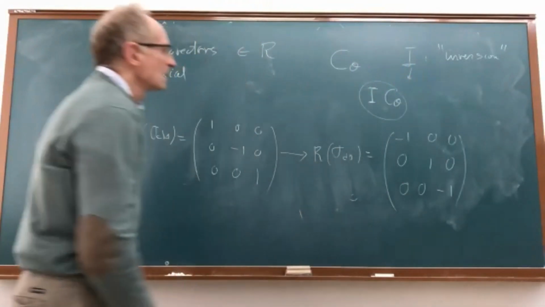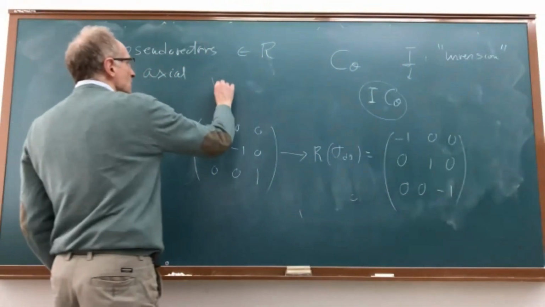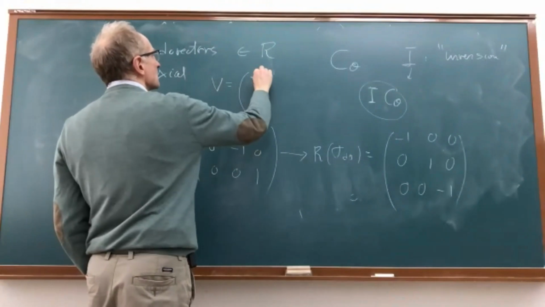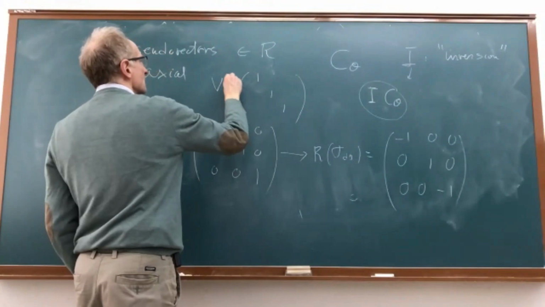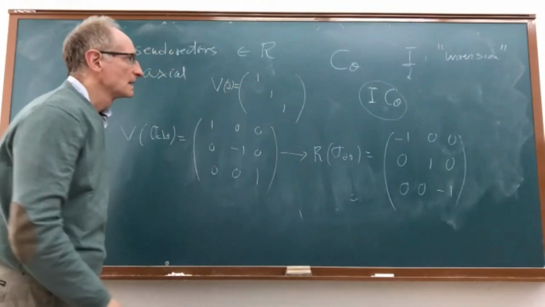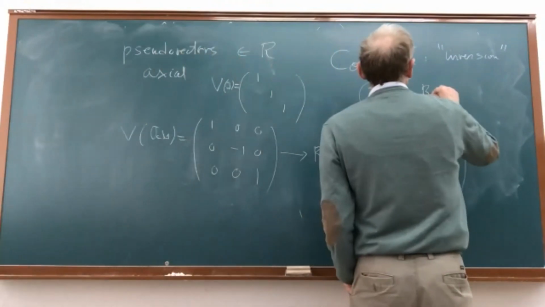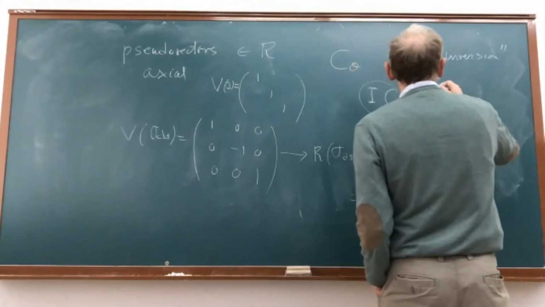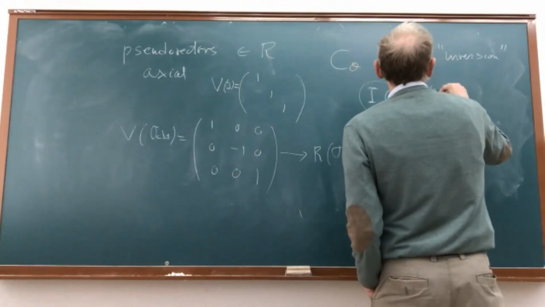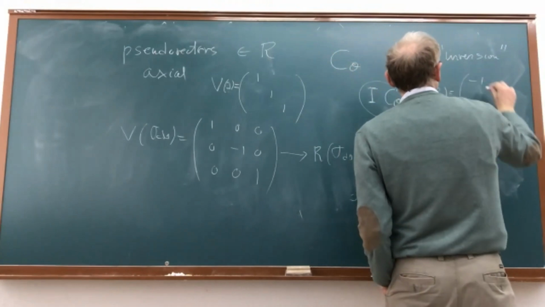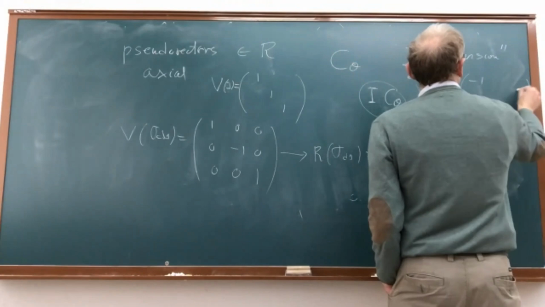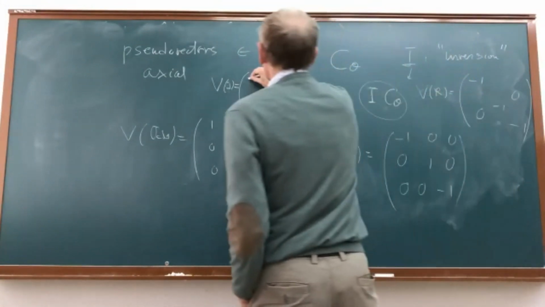Okay? Now, in the vector representation, the inversion is like this. It's the unit matrix. In the rotational representation, by definition of axial vector, that's exactly what an axial vector is. There are physical reasons for it, but I remind you, this is just reversed.